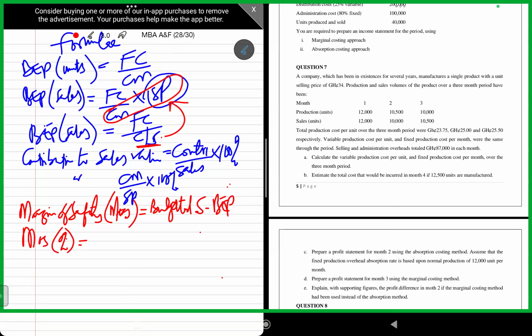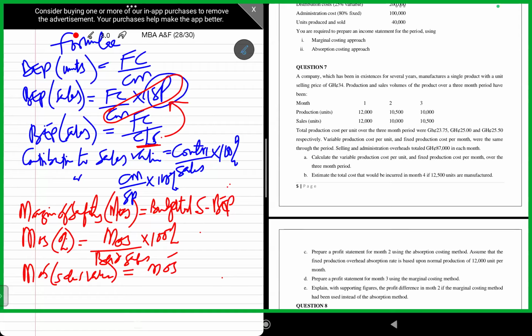That will be the MOS divided by the budgeted sales, times 100%. The question could say margin of safety in sales value, which is simply the margin of safety you saw here times the selling price. That's all.